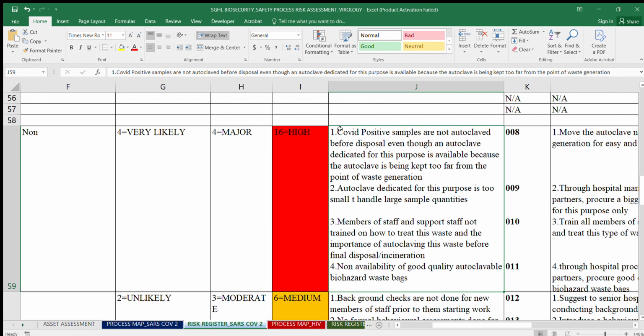Or another reason is that the autoclave dedicated for this purpose is too small to handle large sample quantities. Maybe you have a very small autoclave where you feel it will take a lot of time autoclaving large volumes of the samples, because maybe one cycle will take like 30 minutes.